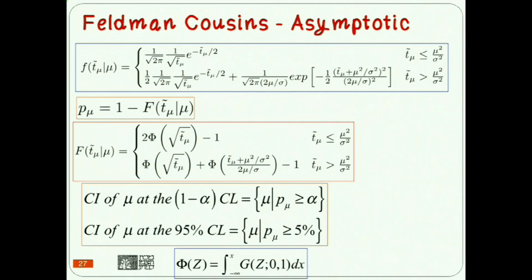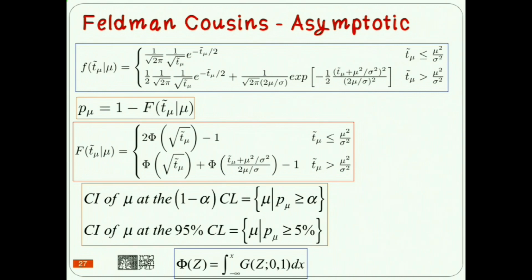And you always have to remember that you don't see it here, but the value of the test statistic depends on mu hat. Right? The value of the test statistic depends on what is the observation. It's hidden. You don't see it here, but it's there. So what we are interested to know is what is the confidence interval of mu.